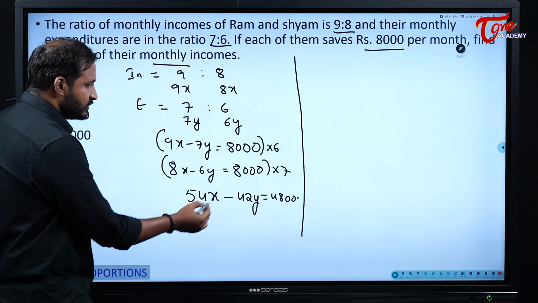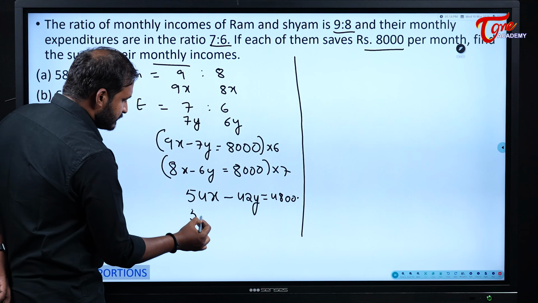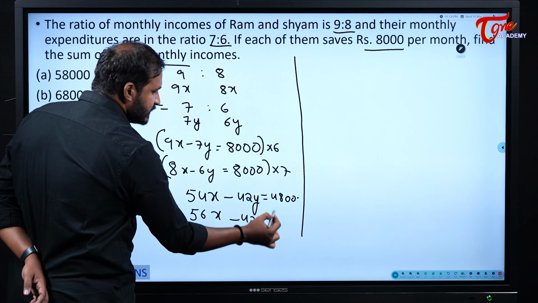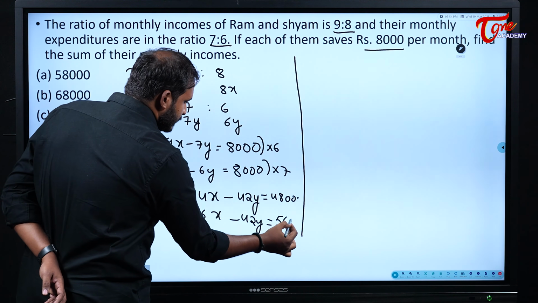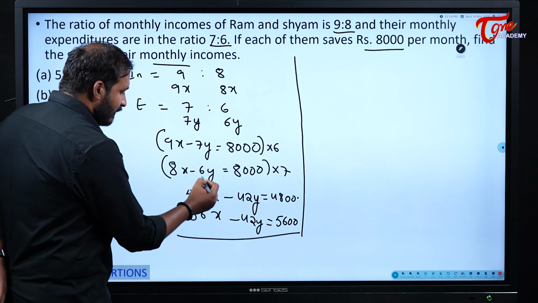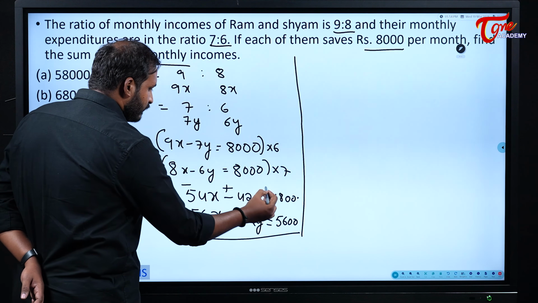And similarly, this becomes 56x minus 42y is equal to 56,000. Now, I will subtract the top one from the bottom one.